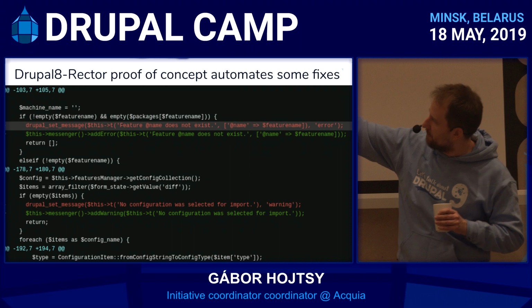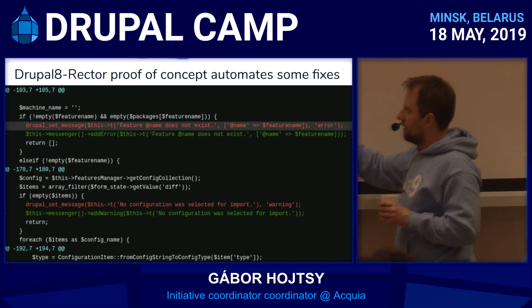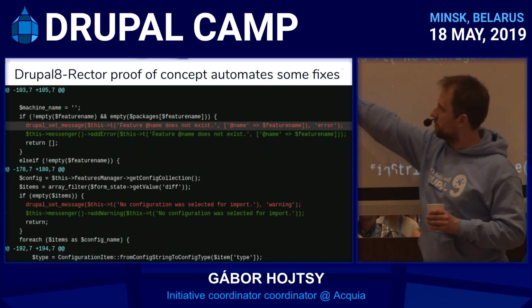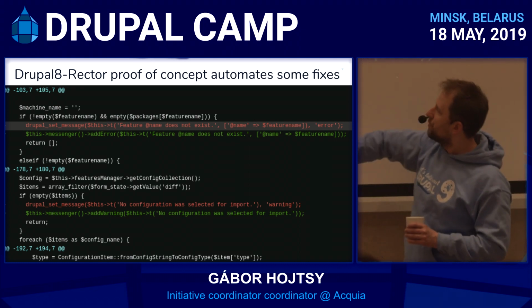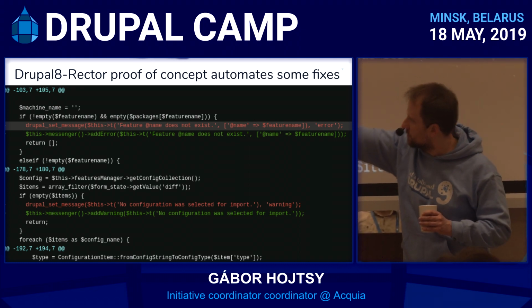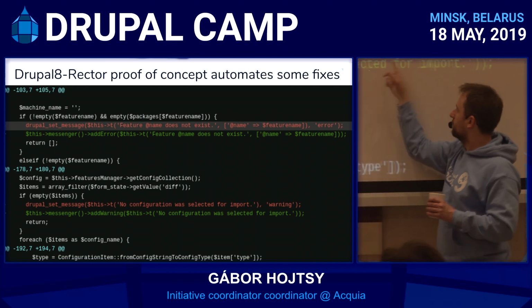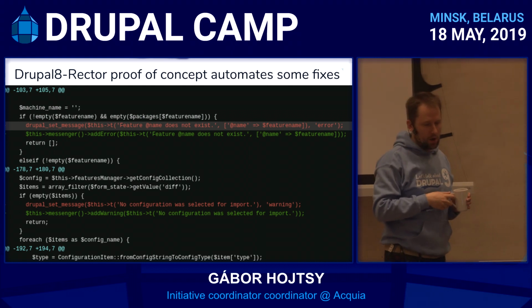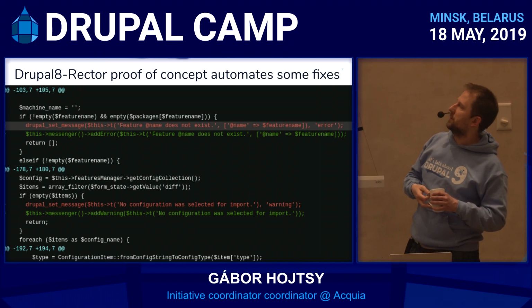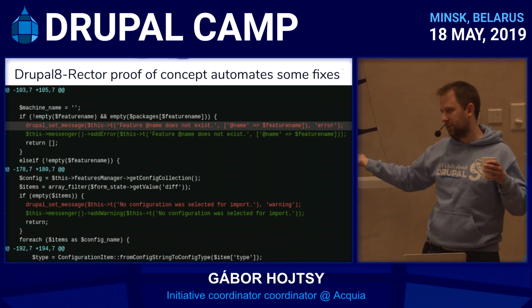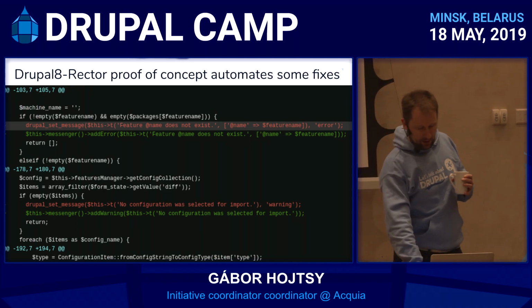Here it finds drupal_set_message, which is deprecated, and then it suggests this patch: instead of drupal_set_message with a warning, you should use the messenger service addWarning method. So this suggests patches against your code to be forward compatible with future versions like Drupal 9.